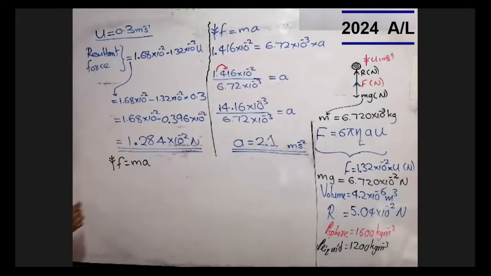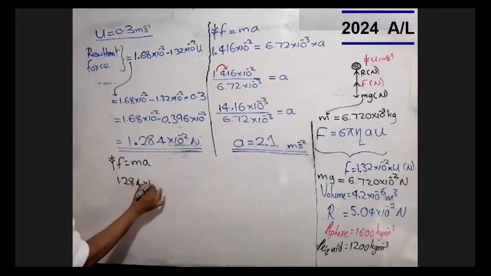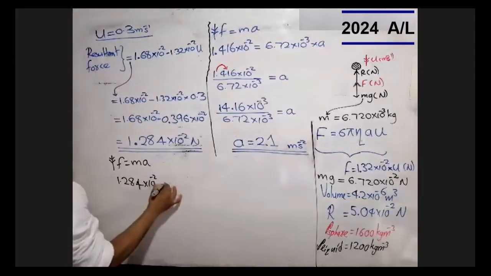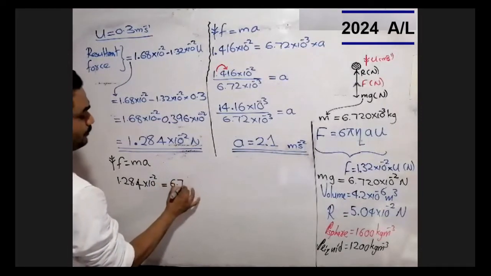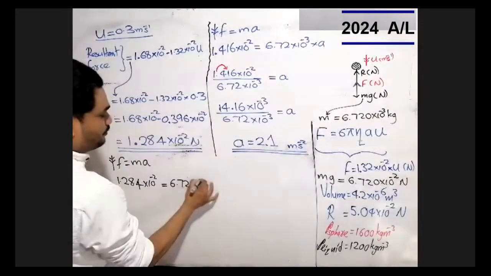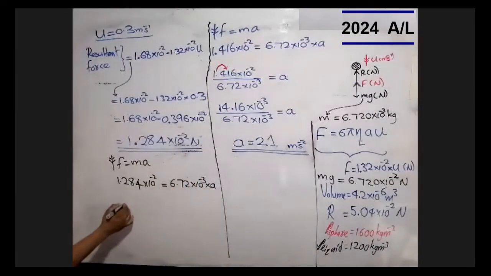The total downward force acting on the sphere is 1.284 into 10 to the power minus 2. The mass of the sphere is 6.72 into 10 to the power minus 3, times acceleration.